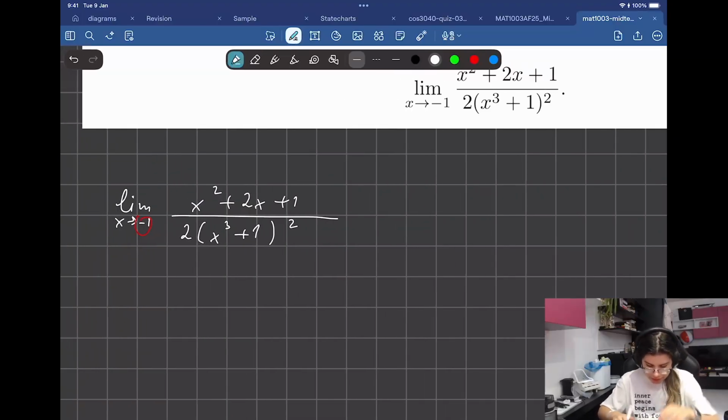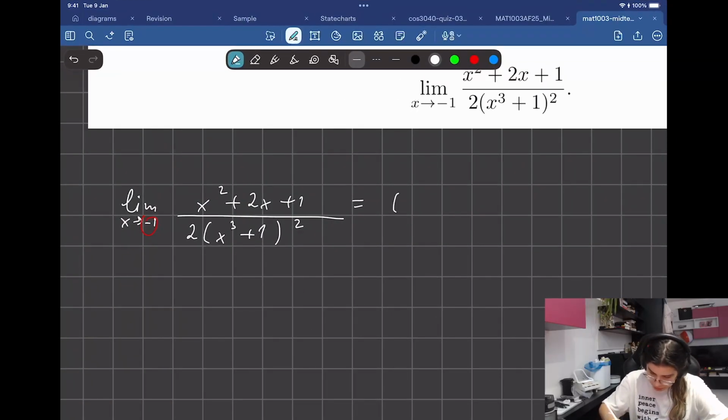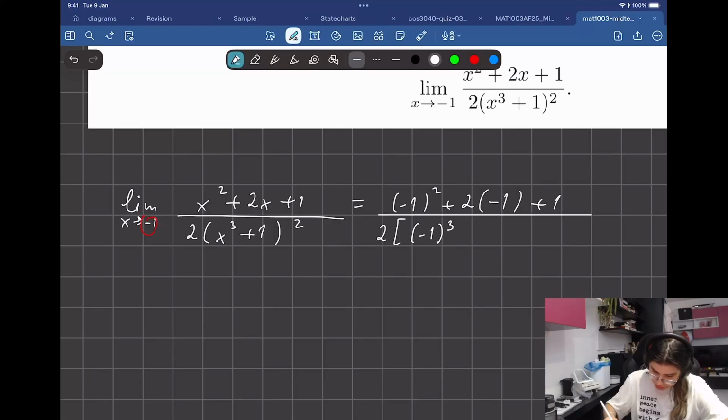This is going to be minus 1 squared plus 2 times minus 1 plus 1 over 2 times, now I'm going to use square brackets, minus 1 cubed plus 1, the entire thing squared, okay?